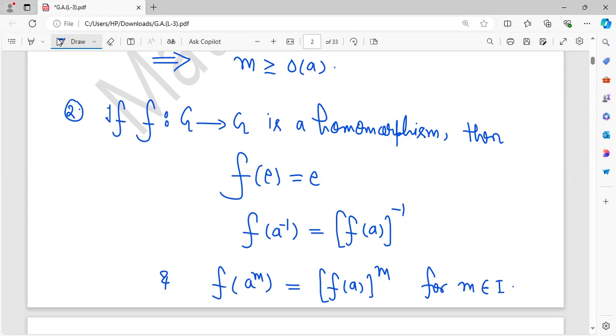We can take minus power here also, so it will map to minus power. A natural number as well.